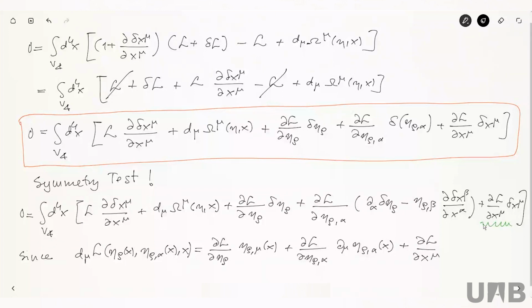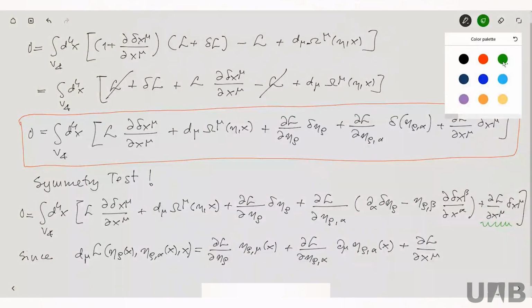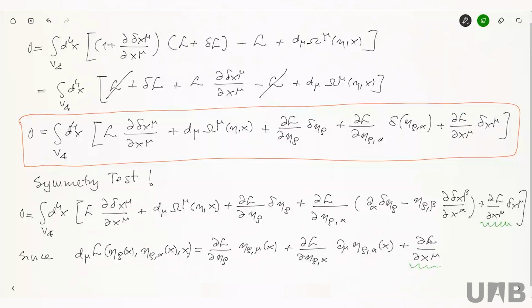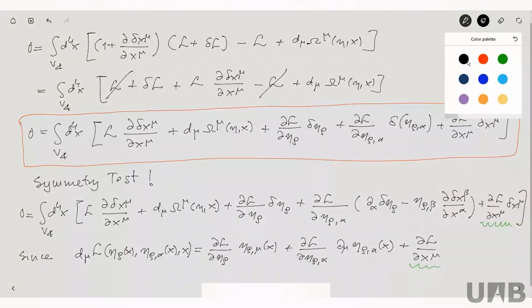So you see, this term is inside this full derivative of L. This term here can be written as the full derivative of the Lagrangian minus this minus that. So this is what we are going to do. We're going to write this term, which is sitting here, as the full derivative of the Lagrangian minus this term minus that term. Okay?